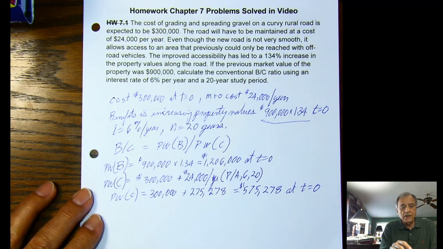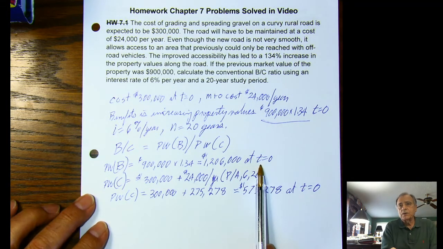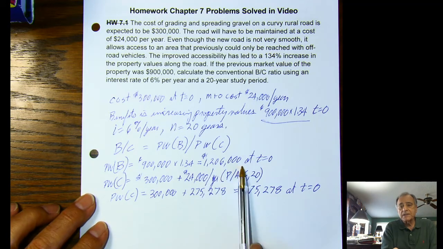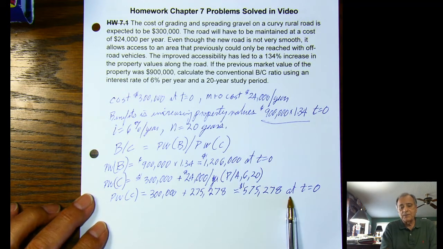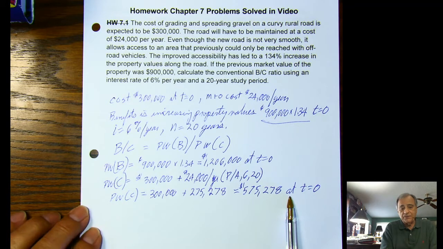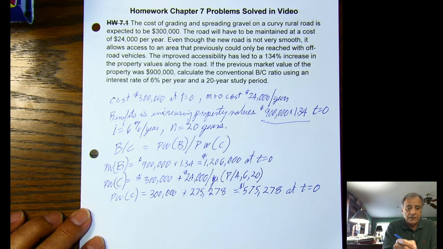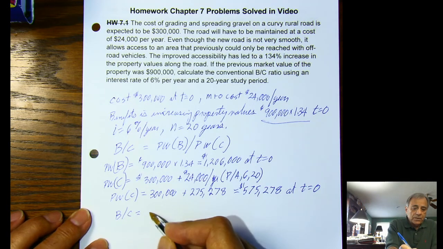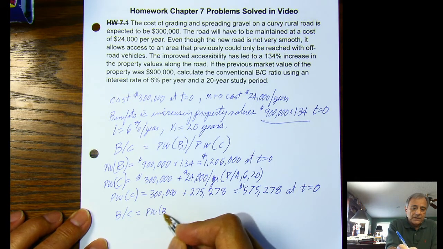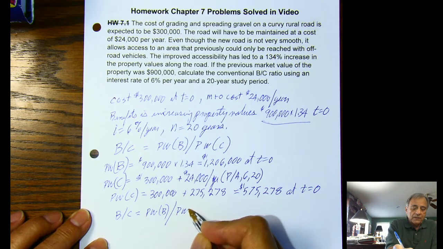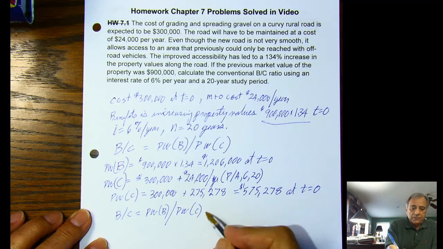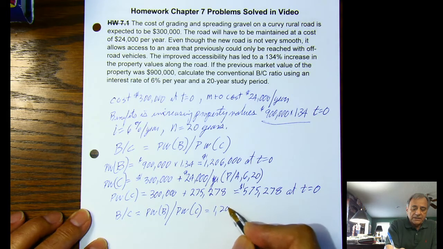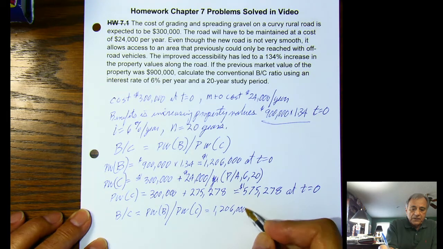So now I have benefits at time zero of $1,206,000. I have cost at time zero. You can see that the benefit cost ratio is going to look pretty good. So BC equals present worth of benefits divided by present worth of cost, which is going to be $1,206,000 divided by $575,278.